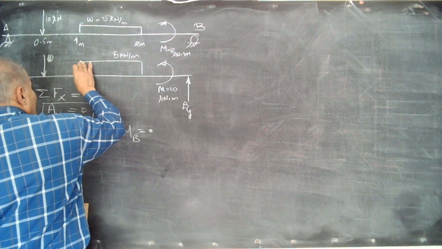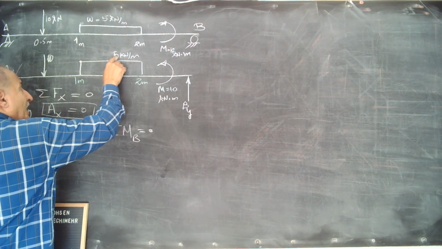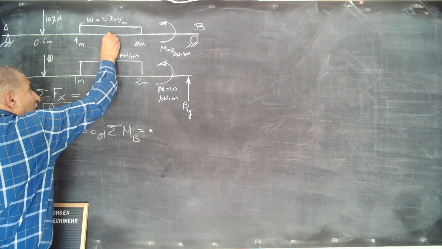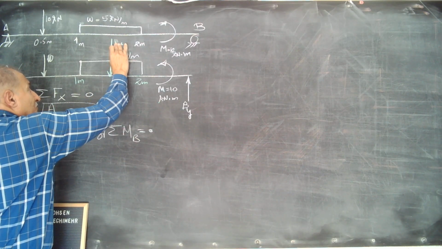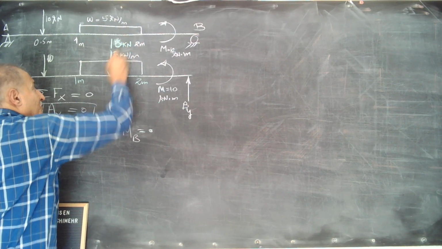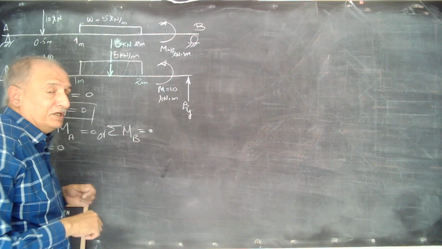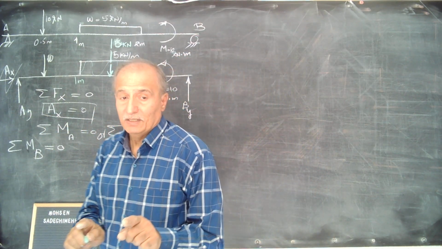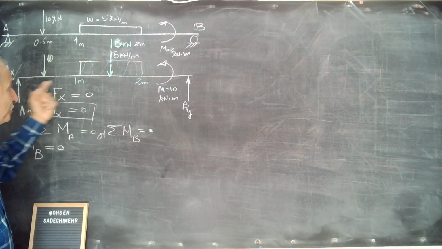This load here is 5, starting from 1 to 2 meters. 1 meter length times 5 kilonewton per meter is equal to 5. I show its equivalent, 5 kilonewton. And then I don't want this uniform distributed load at the moment. You just have to get rid of that for calculating the reactions at the support.